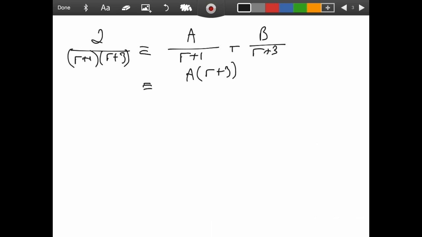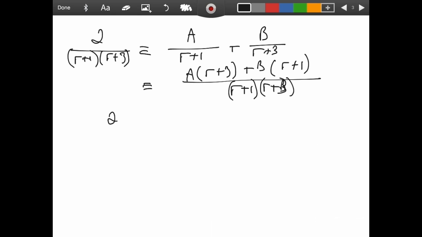And so now if we cross multiply and add together the new expression, we get the following. And now we can get rid of the denominator of this expression and end up with a simple one: 2 is equal to A(r plus 3) plus B(r plus 1).